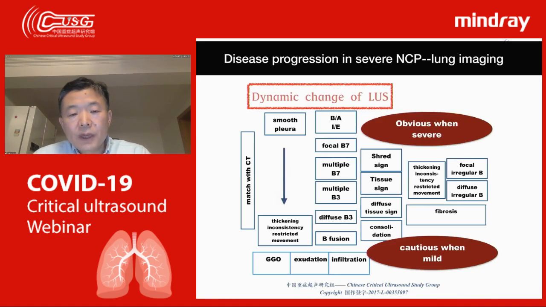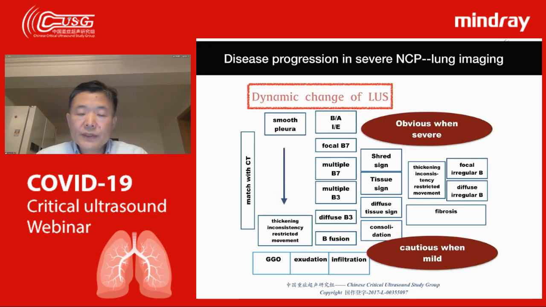And if you go to your lung ultrasound, you will see the A line, sliding is okay, the pleural line is okay, and it moves very smoothly, and then focal B lines, B7 lines, multiple B7 lines, to B3 or diffused B3 lines, or you see the whole lung.